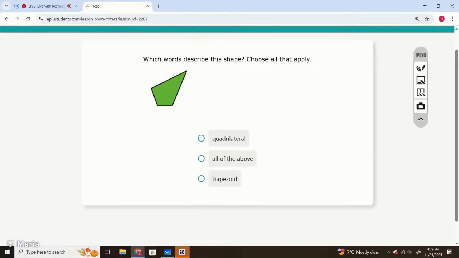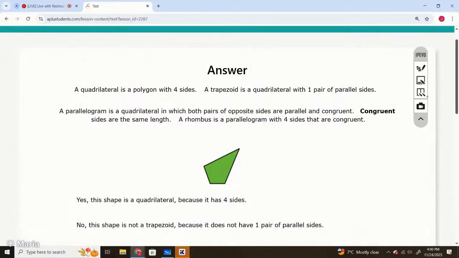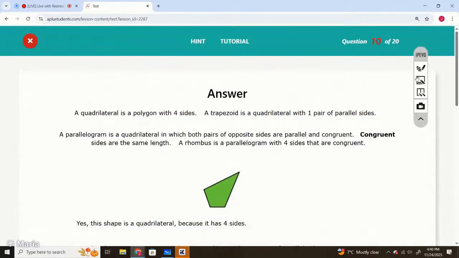Which word describes the shape? Quadrilateral, trapezoid, all of the above. Yes, all of the above. Okay. You can complete the lesson by yourself later today.